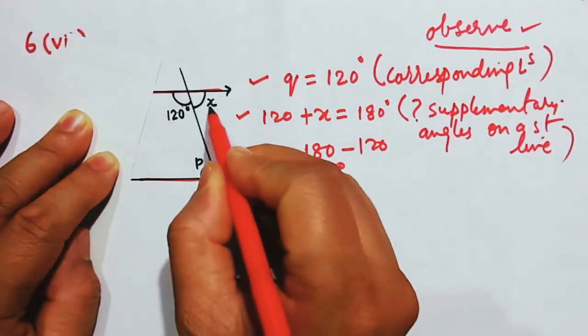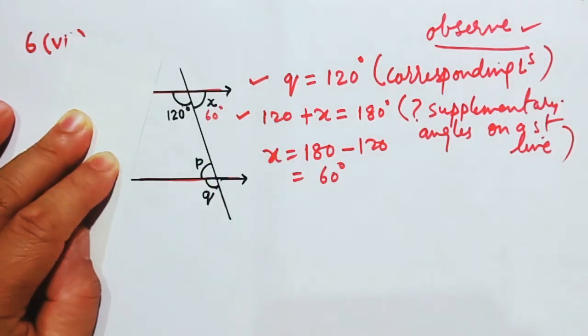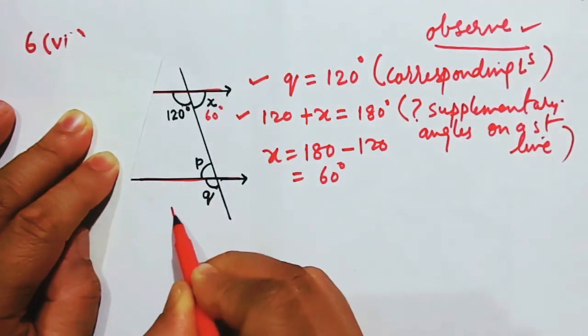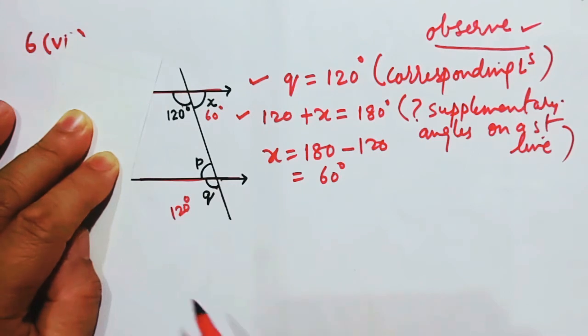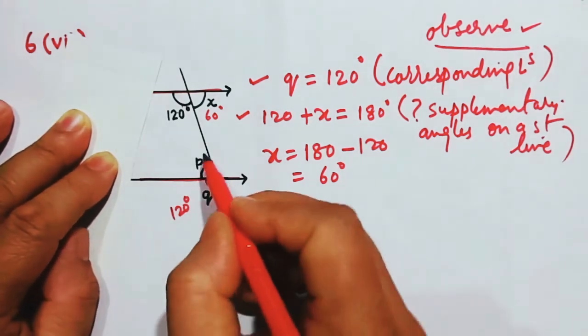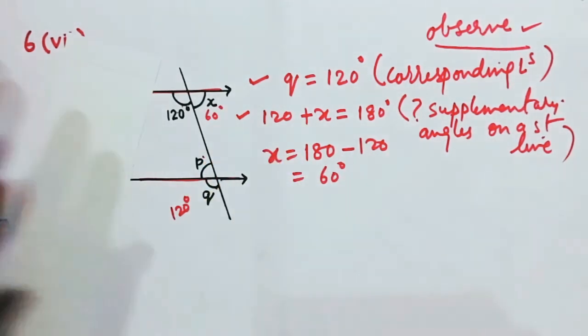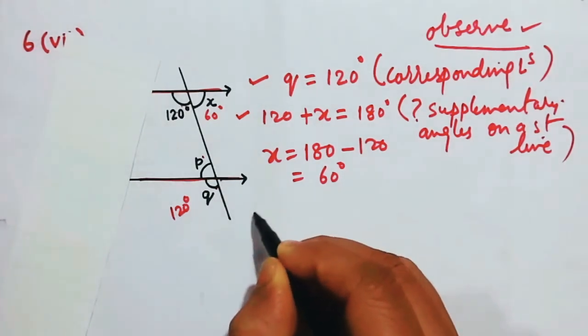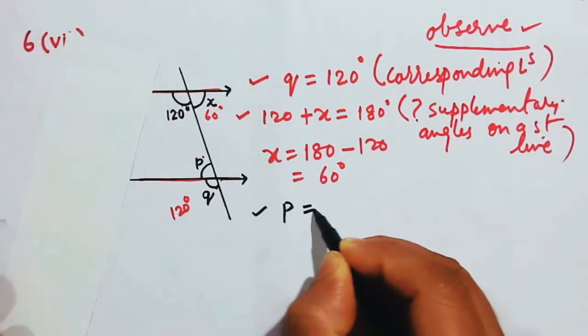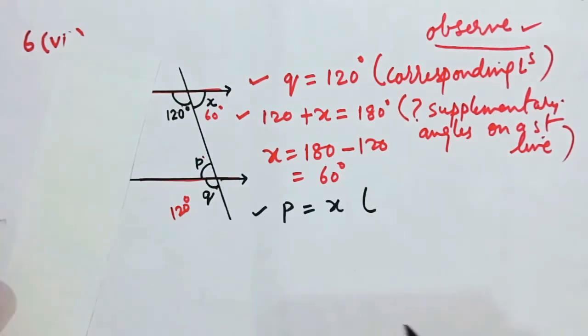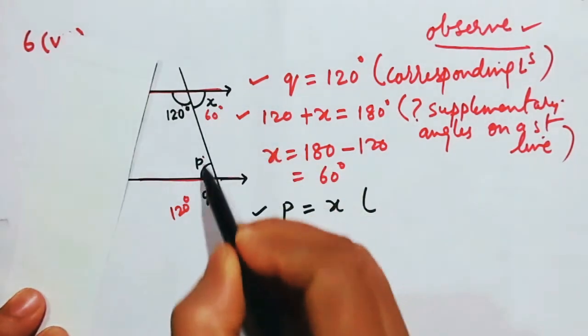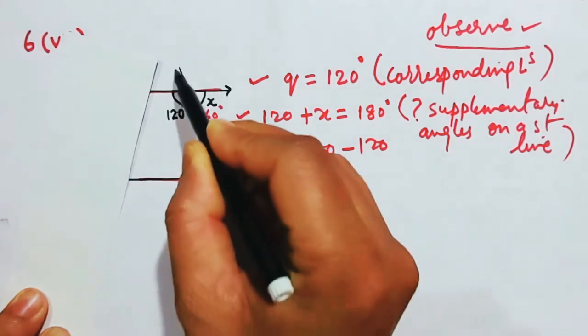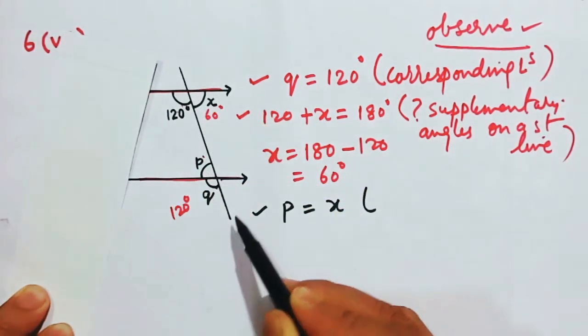Now, I got the value of x as 60 degree. I got the value of q as 120 degree. Isn't it? What about p? So naturally p will be equal to x. Why? Because these two lines are parallel and this is the transversal.